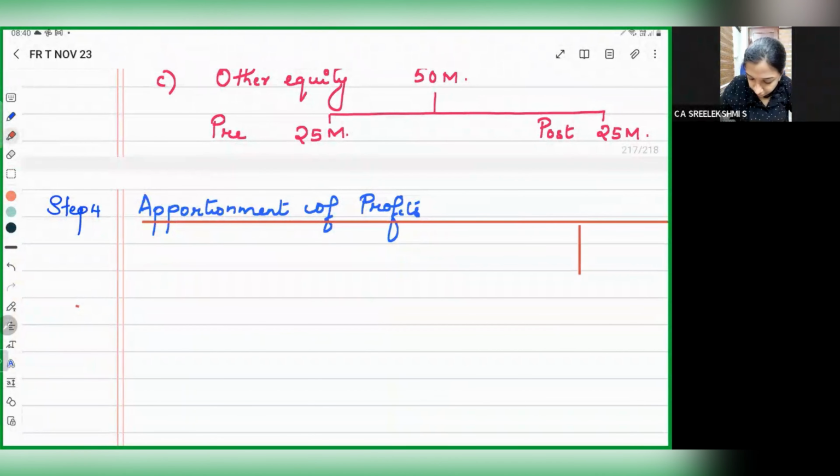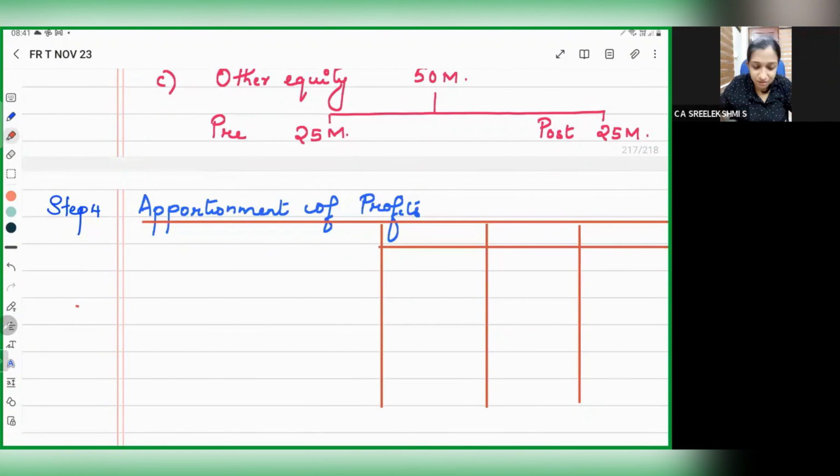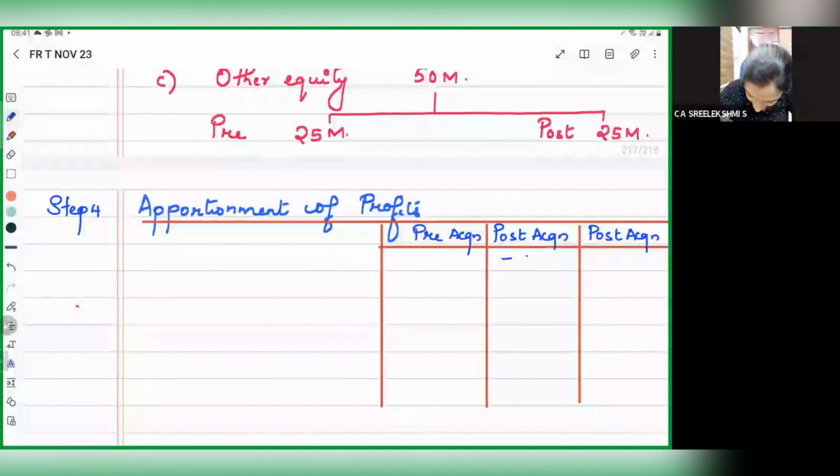So we give 3 columns for apportionment of profits. Why do we give 3 columns? Pre-acquisition, post-acquisition, other equity. Post-acquisition retained earnings, post-acquisition other equity, similar to that of P&L.